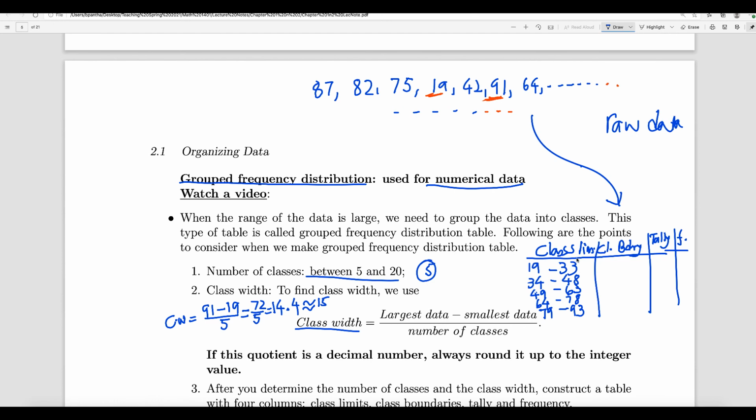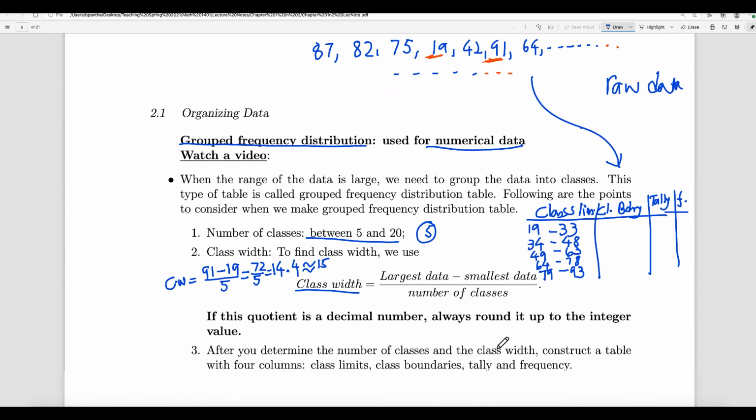Then 1 less than that each time, and so on. If the data have decimals, we will do one example later. If the data have one decimal, you do the lower limit plus the class width minus 0.1. If there are two decimals in the data, then we do minus 0.01, and so on.